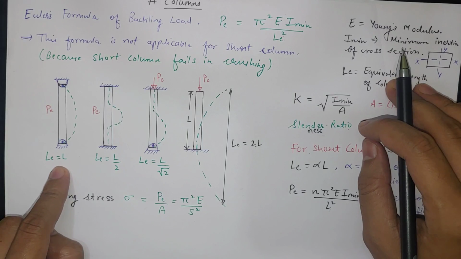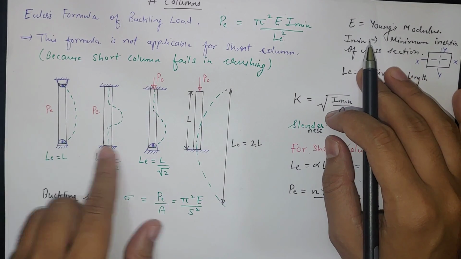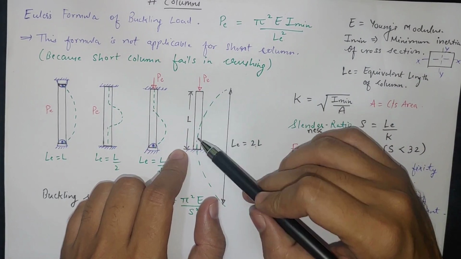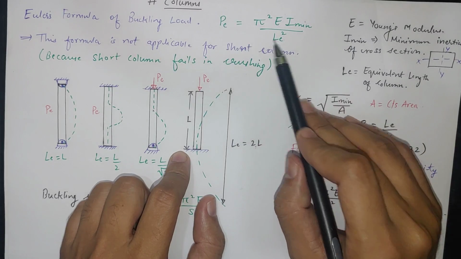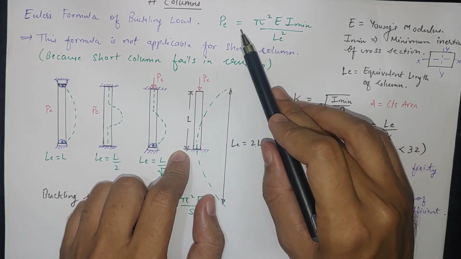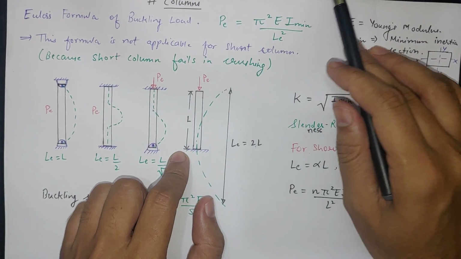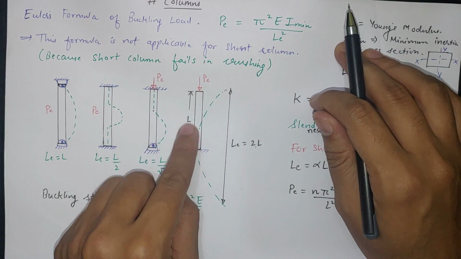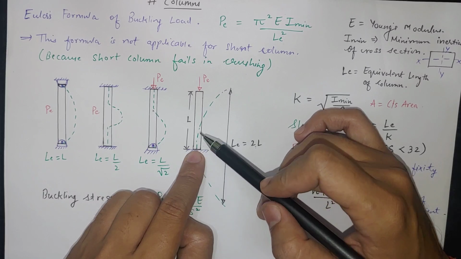We can also say where the buckling stress and buckling load will be maximum and minimum for a particular length of the column. P is inversely proportional to Le square. So if Le is more, then the buckling load will be less. The free-end case has 2L, so it will have a lower buckling load value and can carry less load.